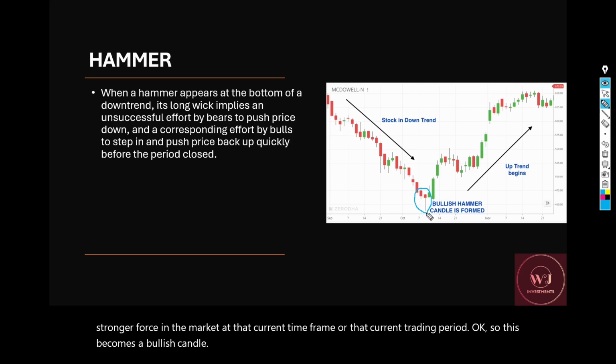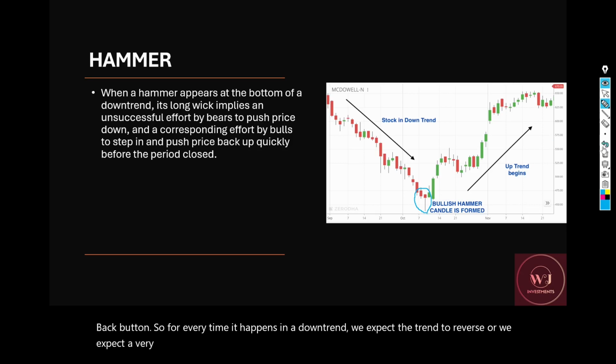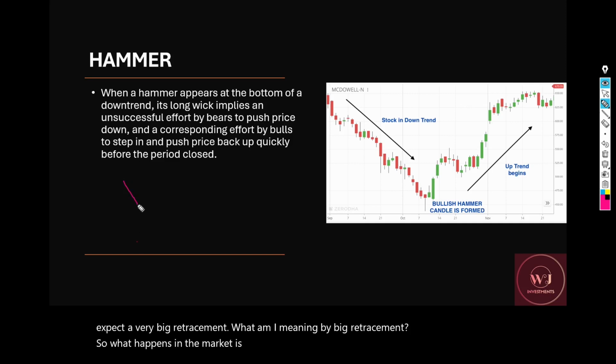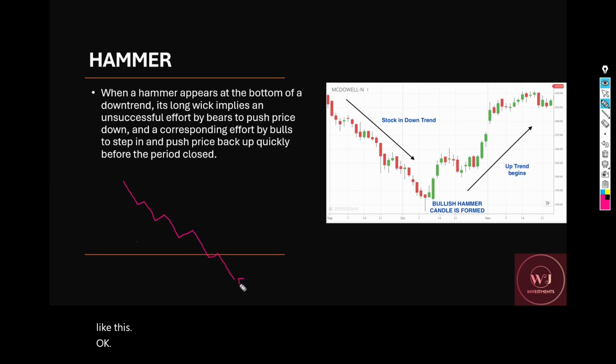So every time it happens in a downtrend, we expect the trend to reverse, or we expect a very big retracement. What do I mean by big retracement? What happens in the market is that, for example, you have a clear downtrend like this, and then at the tip of that downtrend we form this hammer.